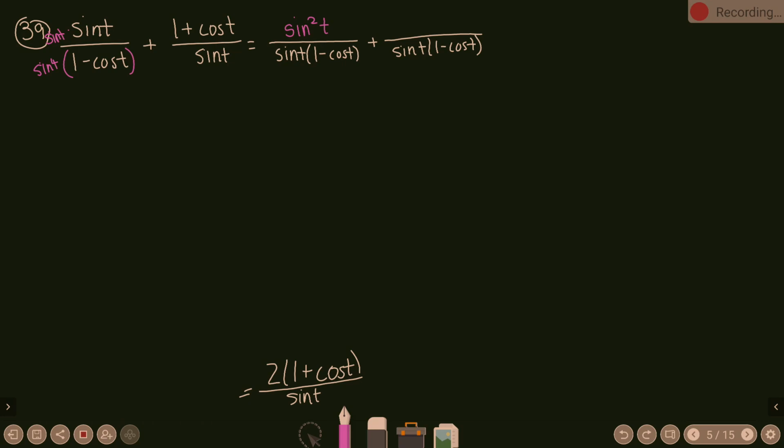Second fraction, what's my denominator missing? 1 minus cosine t. So that means I'm multiplying my numerator by 1 minus cosine t. Now, for this moment, I'm going to write it out as 1 plus cosine t times 1 minus cosine t.